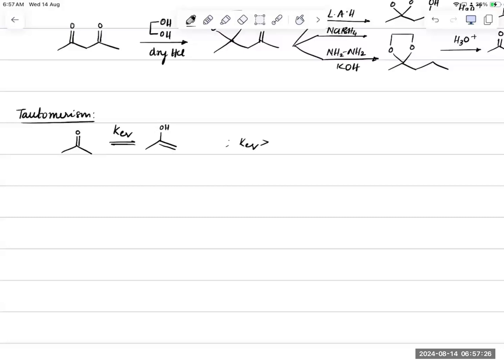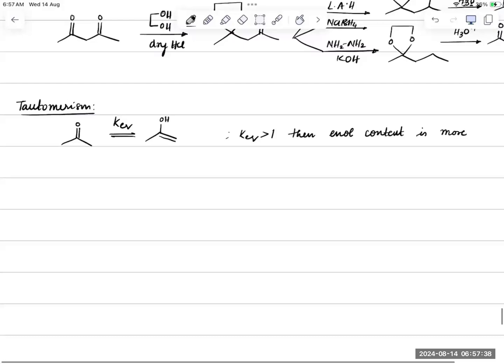If K equilibrium is greater than 1, then enol content is more. What you would notice is that enol content depends upon stabilizing factors. If there are any stabilizing factors, then the enol will be more stable.